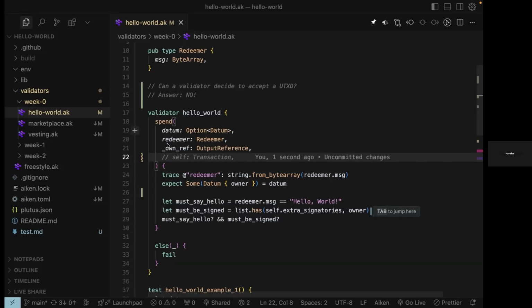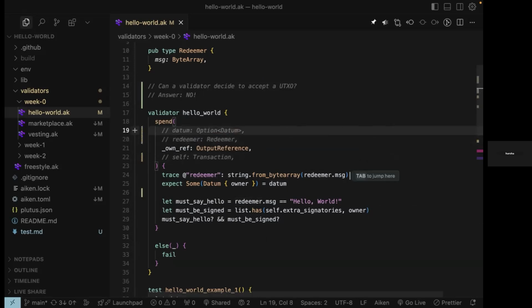Yeah, because the assumption is the transaction has to be passed because there is no other way to do this. A transaction is being passed and we are evaluating that transaction. The transaction includes a UTXO that's being spent, which is the output reference. So I can do this for all of these, but I can't comment this one out because it's an absolute necessity.